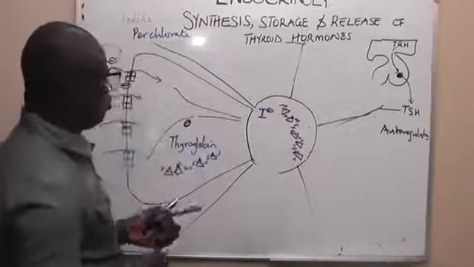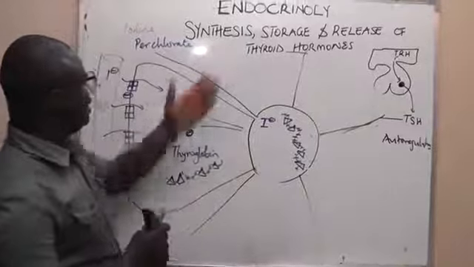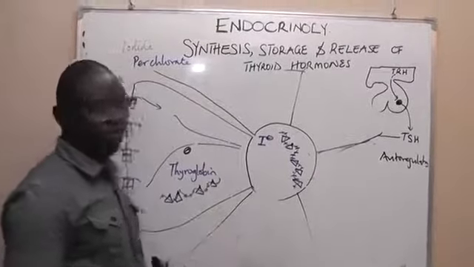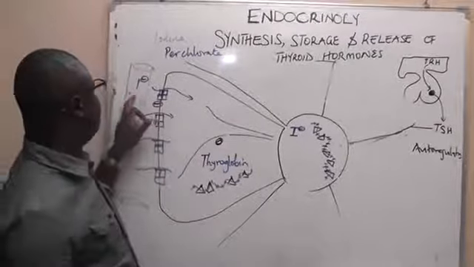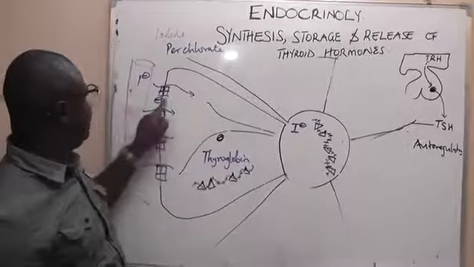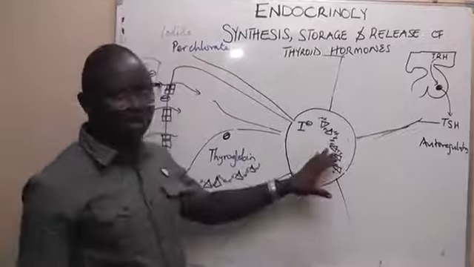Okay, so what have we learned so far? That in the synthesis of thyroid hormones, some things are very important. One of them is iodide, and this iodide is moved from the blood capillaries via the iodide pump into the luminal side.